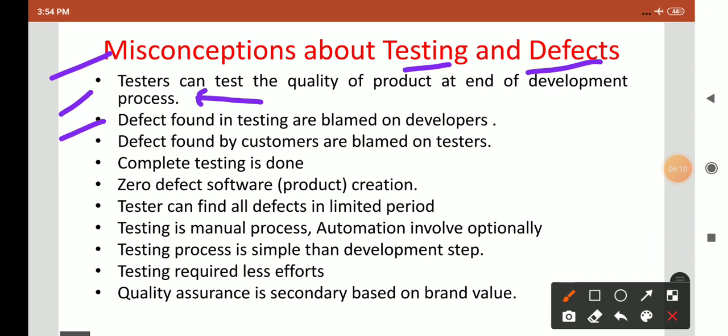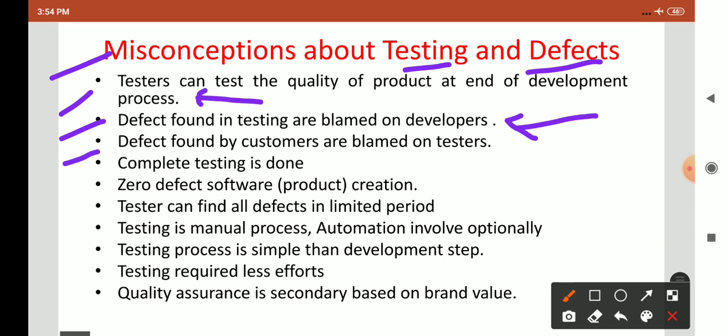Next misconception is defects found in testing are blamed on the developer. Here, not always is a defect found by the tester blamed on the developer, because sometimes, due to a wrong requirement given by the customer, a defect may be generated in your software.